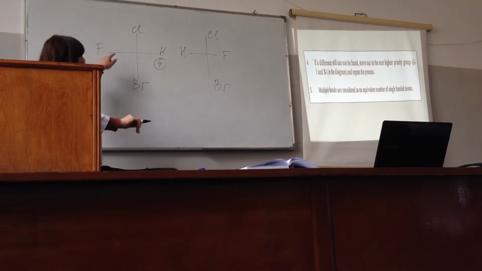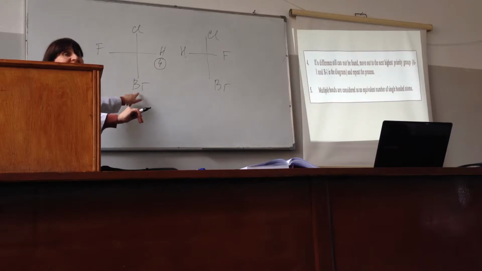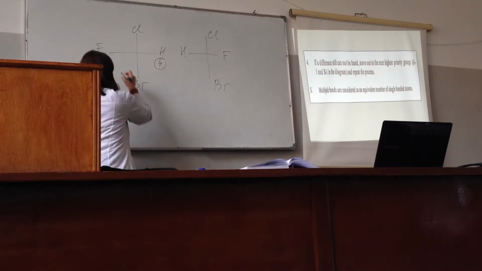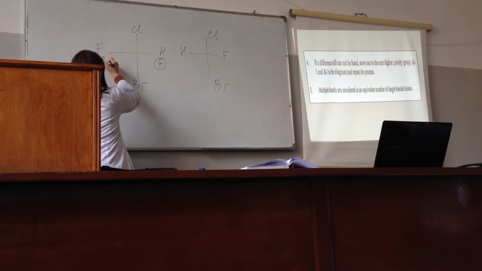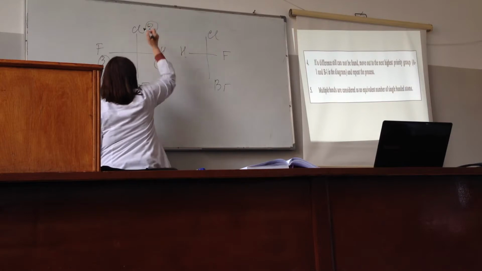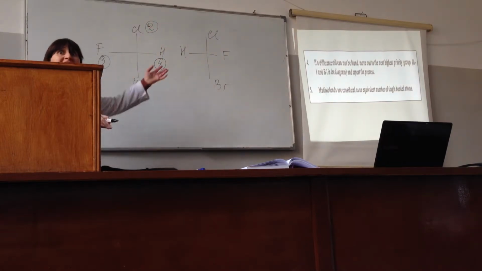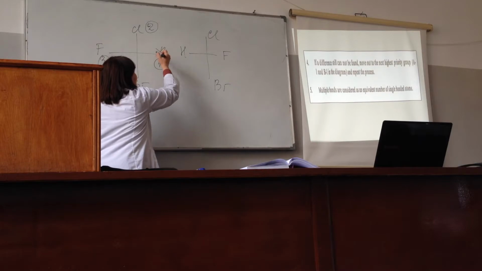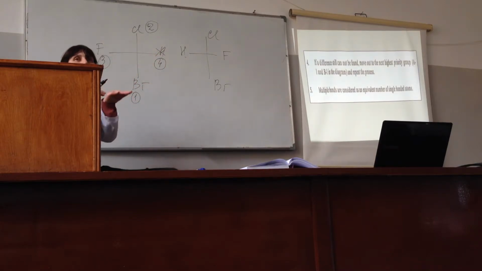Then, which one has the highest atomic number? This one, yeah? So this is number 1, the highest priority group. This is number 1, this is number 3, and this one is number 2. Now look, after determining which is the junior group and which is the major group, please omit the group which has the lowest priority.